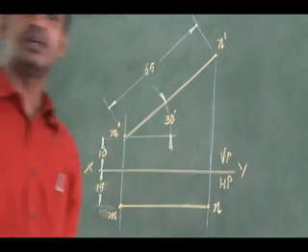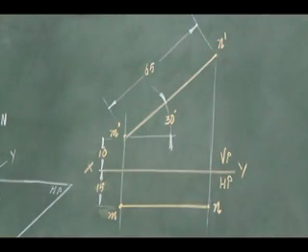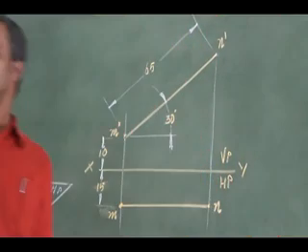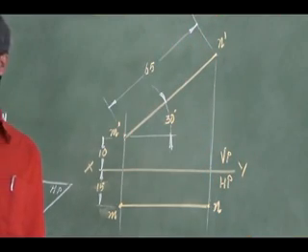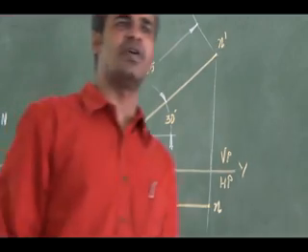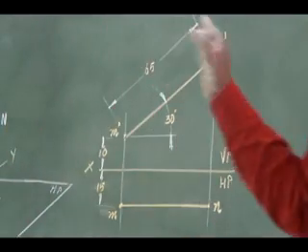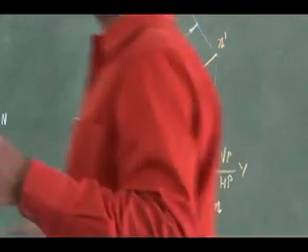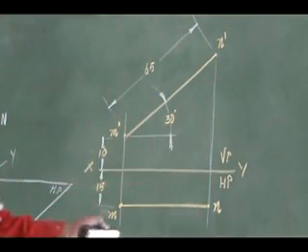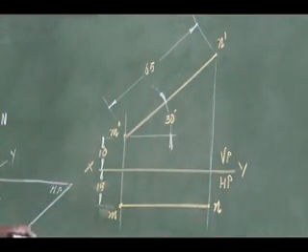The data whatever is given, you have to show it like this. So this is the projection of the line inclined to HP and parallel to VP. What I told, whatever problem is given, try to present the given data as dimensions. If something is asked, you can dimension it.